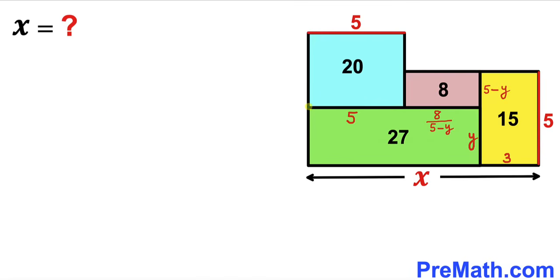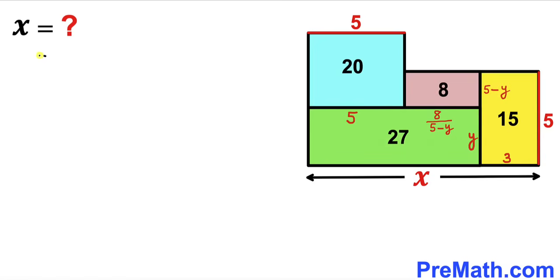Now let's make an observation. We can see that this blue side length is 5 units, and this next pink length is 8 divided by 5 minus y. So this whole length is going to be the sum of these two numbers: 5 plus 8 divided by 5 minus y.